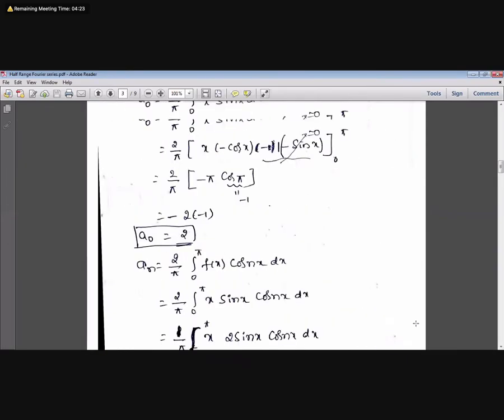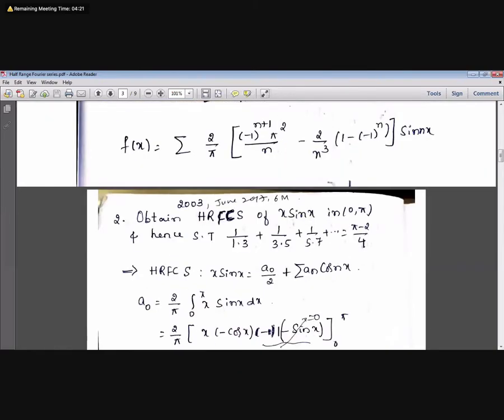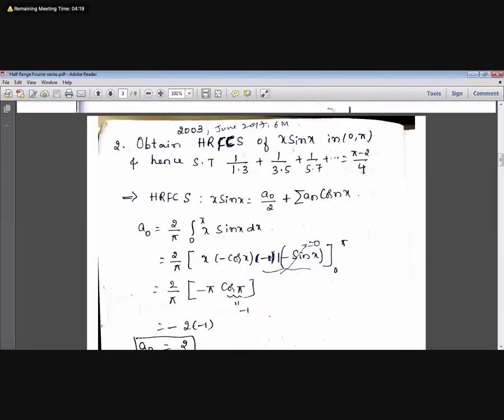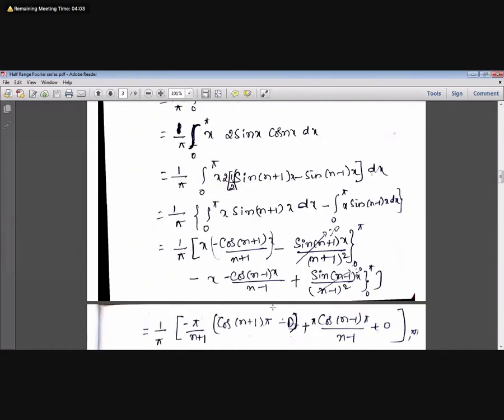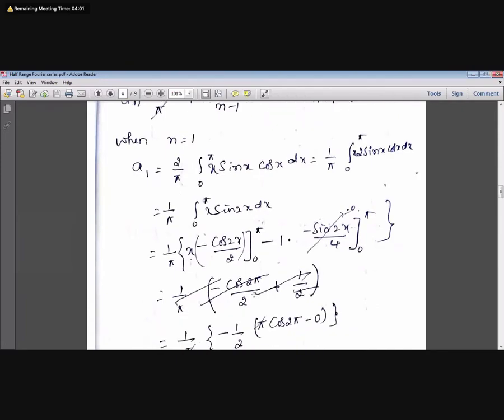And f of x is A0 by 2 plus summation n equal to 1 to infinity an cos n pi x by pi, so nx. So this is nothing but A0 2 by 2.